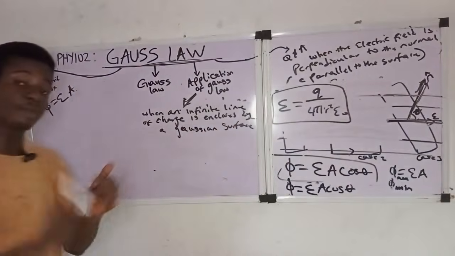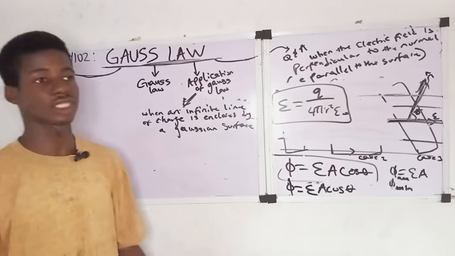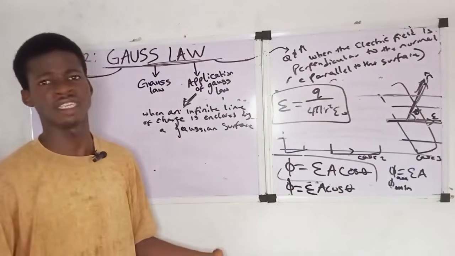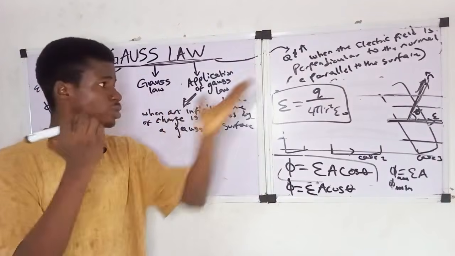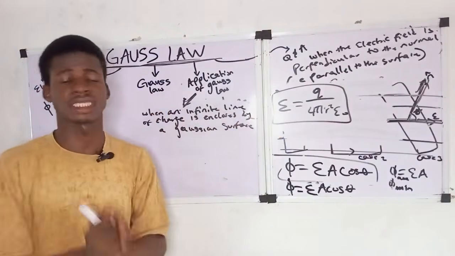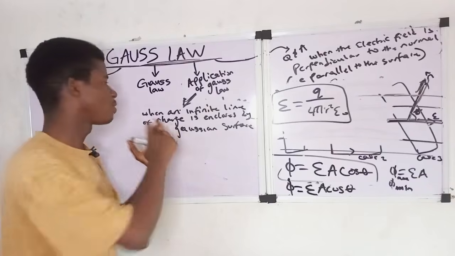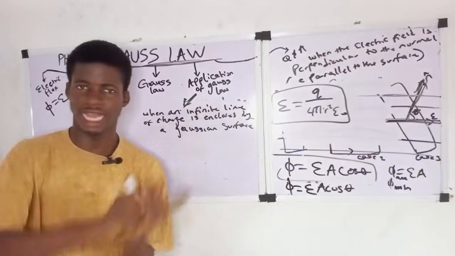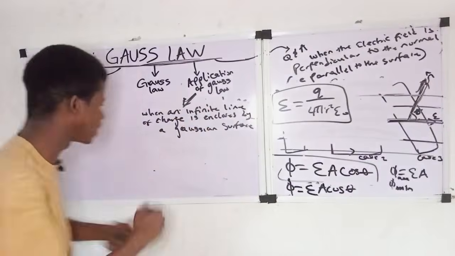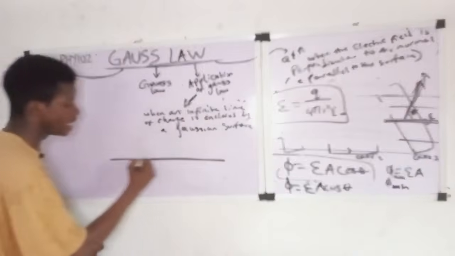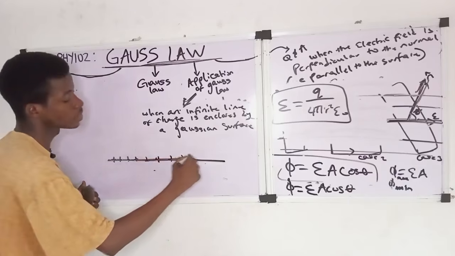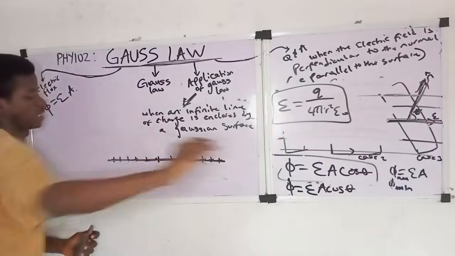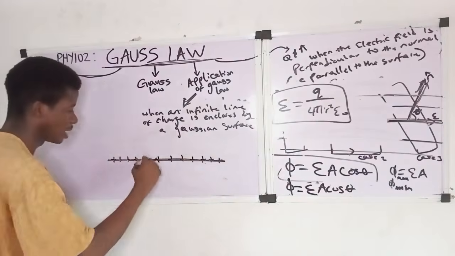So the first application was for a point charge. How are we going to determine the electric field produced by that point charge when it is enclosed by a sphere? This is the formula I've given you. Now what about an infinite line of charge? It is a linear object that has a distribution of charge along it.